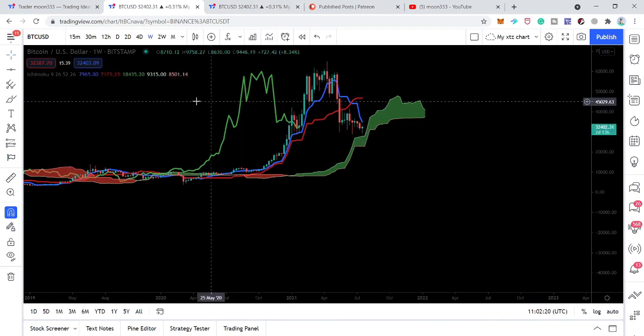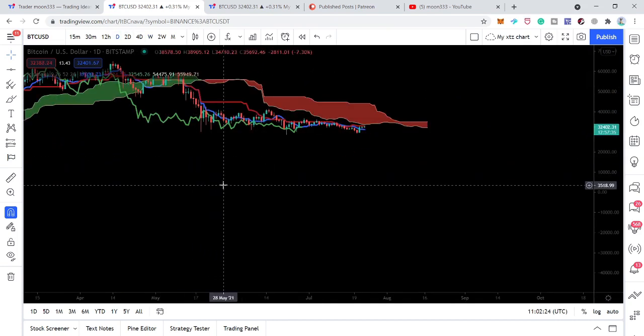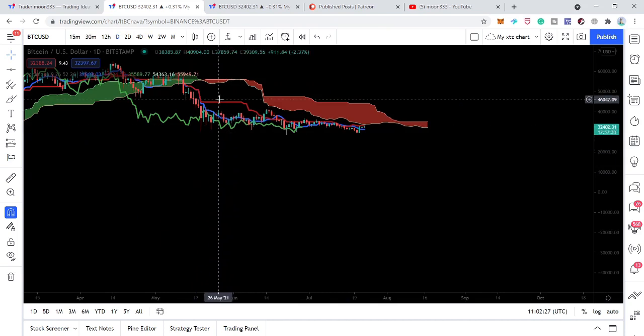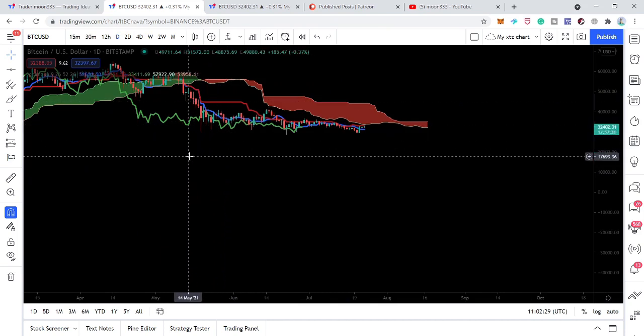a very good support. Now if we move to the daily time frame chart from here, then we can see whenever the price line finds the Ichimoku cloud weak, then it crosses up and starts the rally towards the upside.